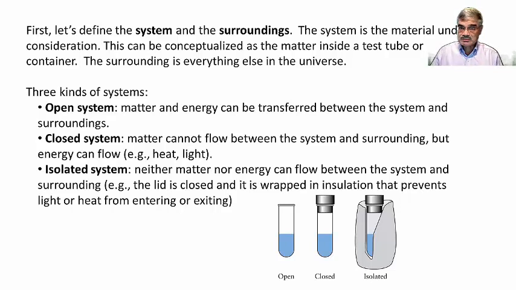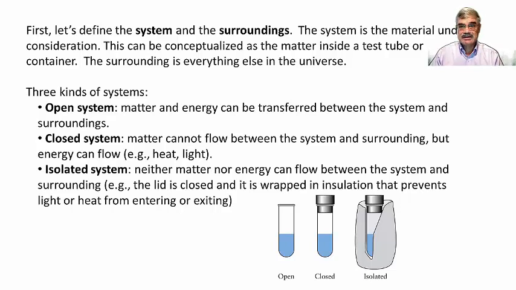A closed system, then, is one in which you have a cork or a lid on the container, so that matter cannot flow back and forth between the system and surroundings, but energy might flow back and forth. Energy in the form, again, of heat or radiant energy. And finally, we have an isolated system, which you can imagine as your cup or test tube surrounded by a thermos or styrofoam.